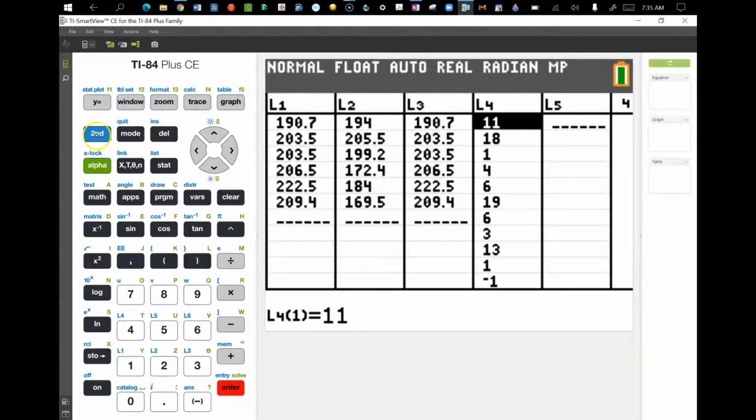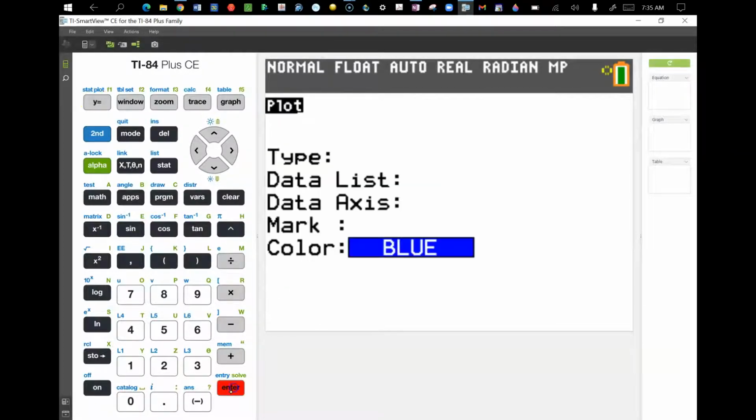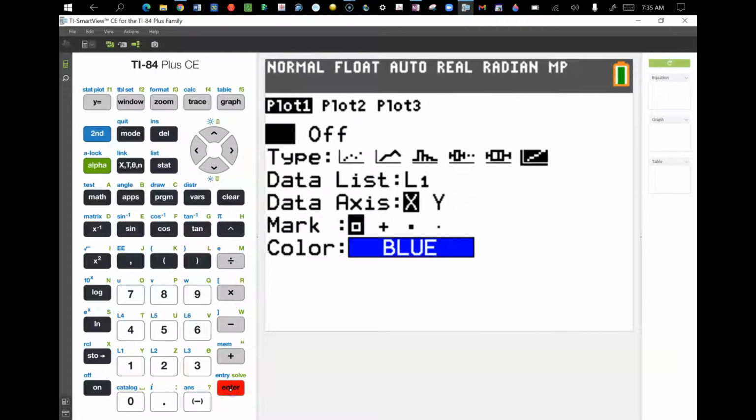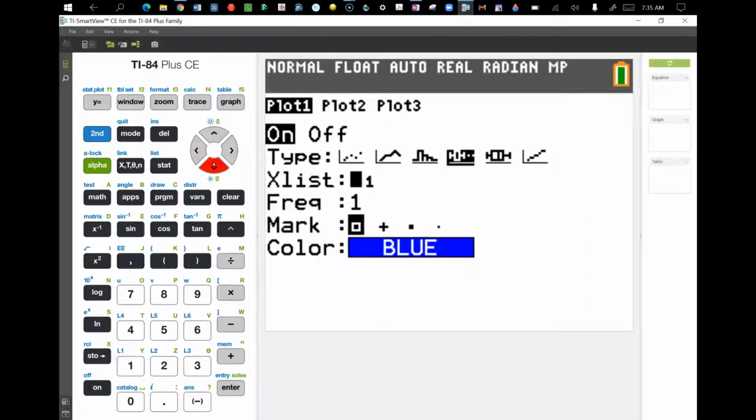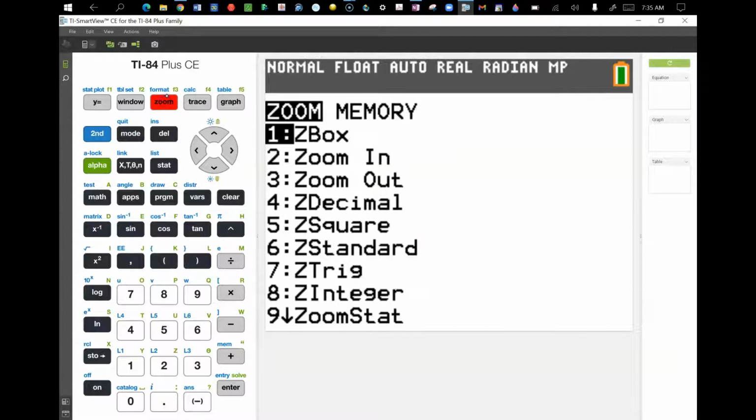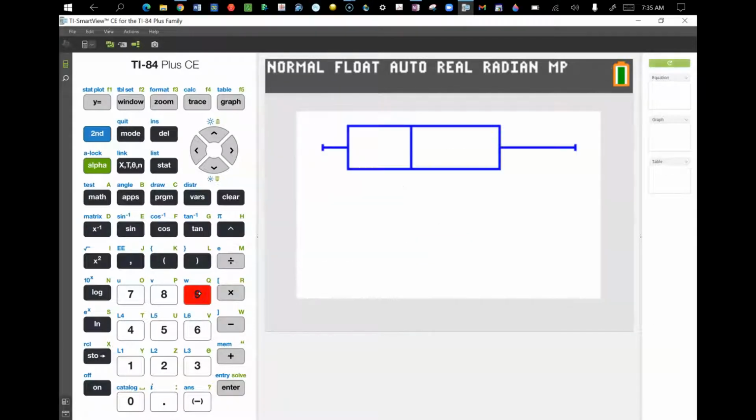And to check our normality conditions, I'm going to make a couple plots of the differences. So I will start out with a modified box plot of the data in list 4 and zoom 9, and you can see that we have some skewness but no outliers, which is important for a small sample size like this.